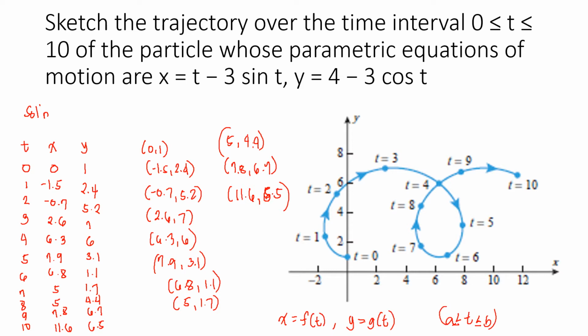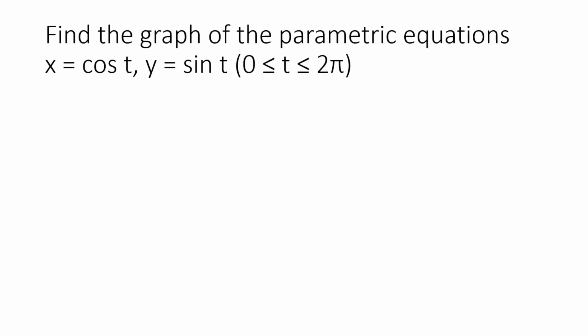So let's have another example. Find the graph of the parametric equations x equals cosine t, y equals sine t in the interval t greater than or equal to 0 but less than or equal to 2 pi. One way to find the graph is to eliminate the parameter t.